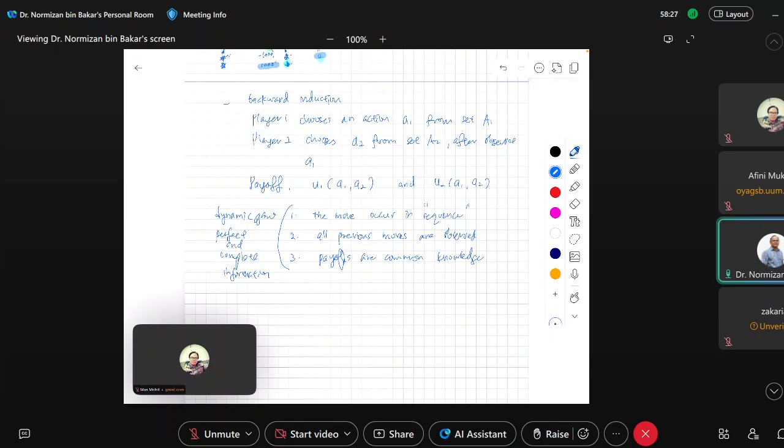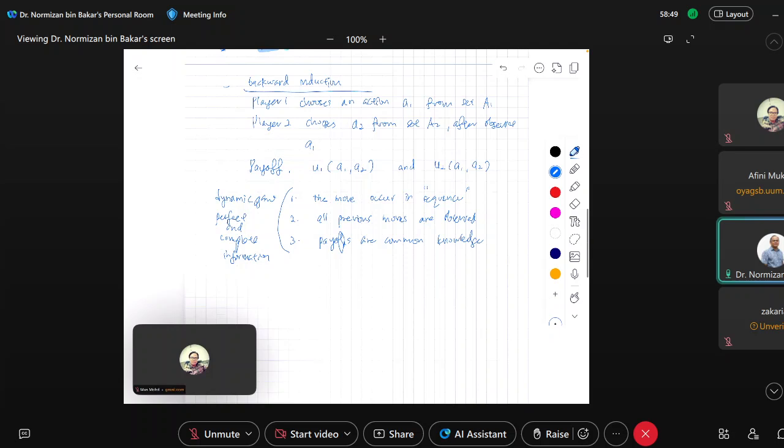So, in order to find the solutions of this one, we use backward induction. And so, what is backward induction? It is that we start analyzing the game by analyzing player two's payoff. Okay. So we have player one and player two.